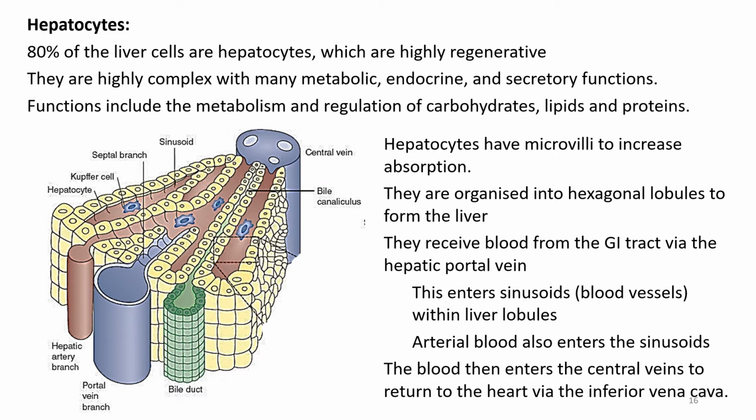The blood flows through the sinusoids. Meanwhile, the hepatocytes, of course, are in contact with it, so they can absorb from that blood. The blood then enters the central vein, as I said, and goes back into the heart via the inferior vena cava.